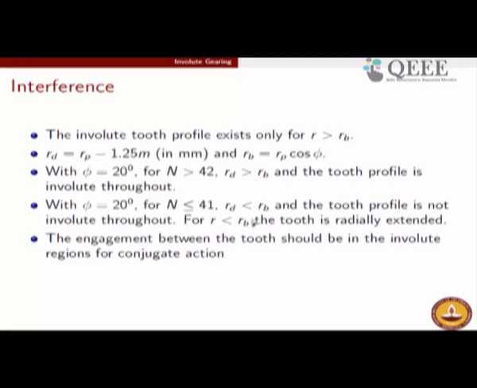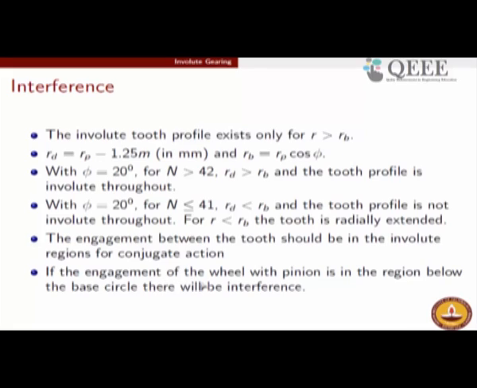The engagement between the tooth profiles should be in the involute for conjugate action, but this conjugate action is denied in the situation of a 20-degree pressure angle with the number of teeth less than 41. You will not be able to satisfy the condition of conjugate action if engagement happens in the portion which lies between the base circle and the dedendum circle.